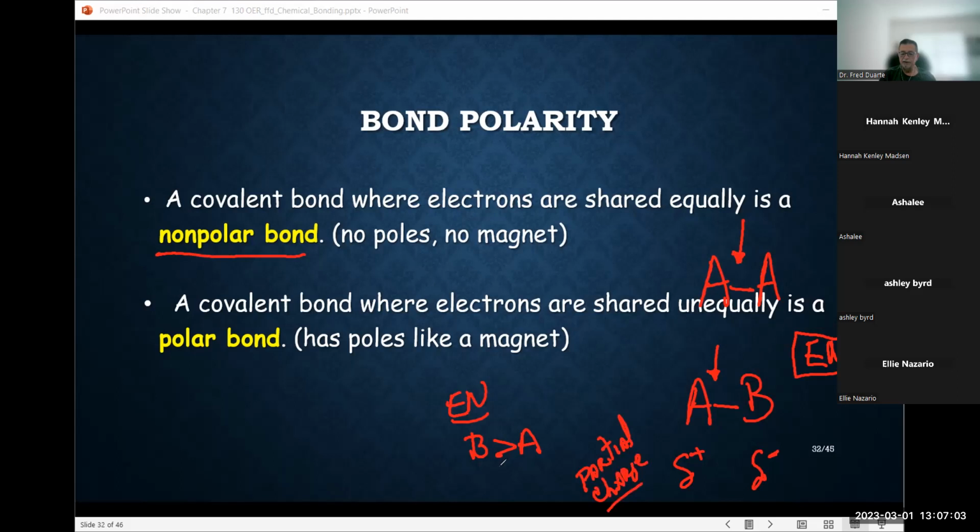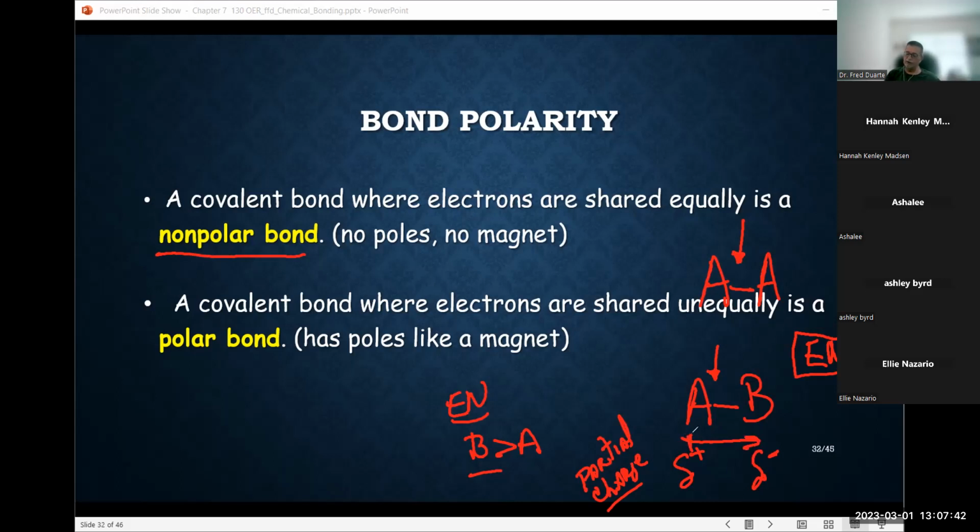Because B in this example has a greater electronegativity than A, it is pulling electrons onto itself more, meaning there's more electron density around B than there is in A, resulting in less electron density in A, which results in a partial positive for A and a partial negative for B. We also demonstrate that by using an arrow that goes from A to B, and the A side has a little positive charge on the arrow.